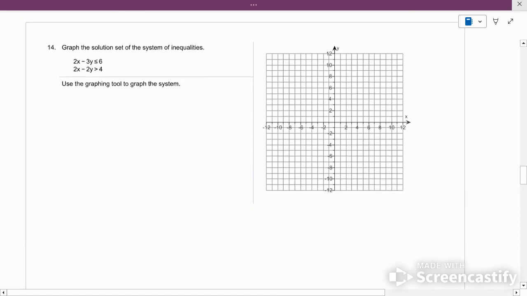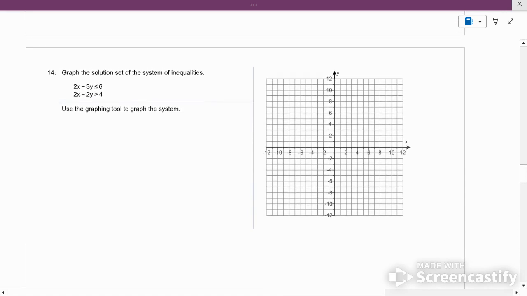Okay? Then we have a system of inequalities. Okay? So 2x plus 3y equals 6. So when x is 3, y is 0. When x is 0, y is -2.